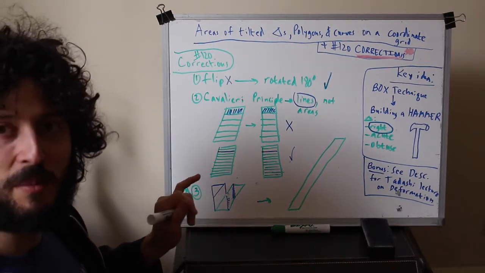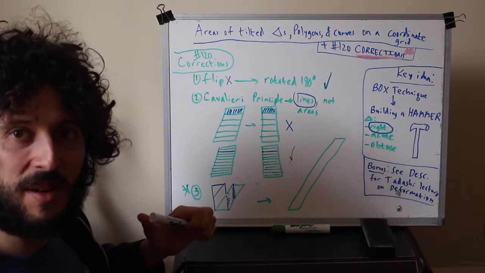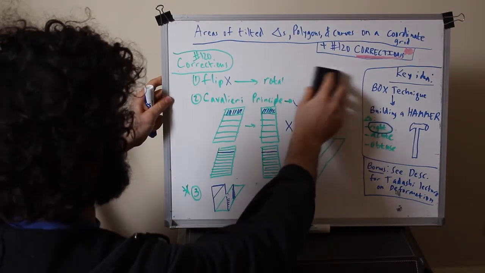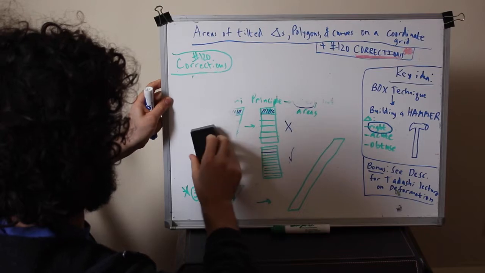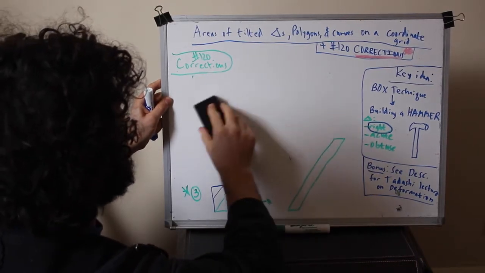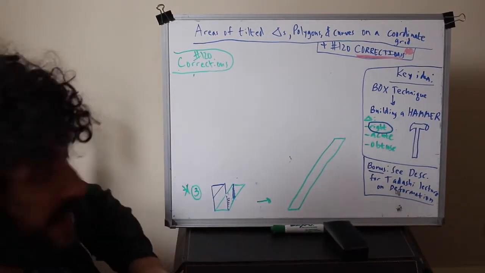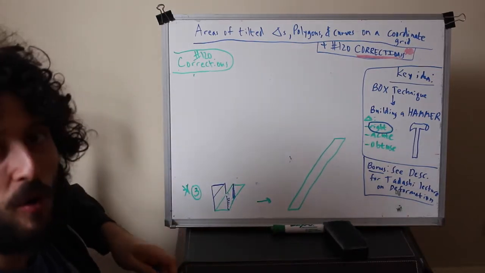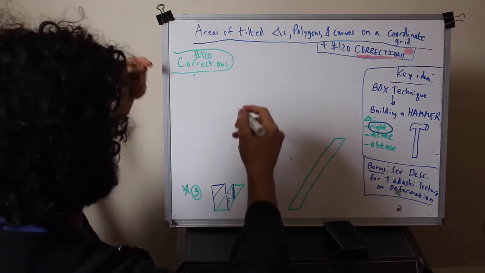Number three is a much trickier and more fundamental thing that I really want to go over. So let me erase this. Alright, so in the parallelogram proof for the tricky case, I went over, and let me magnify this for you guys.